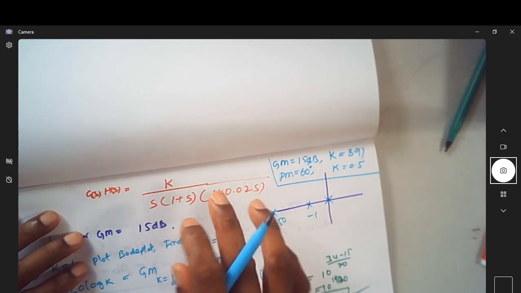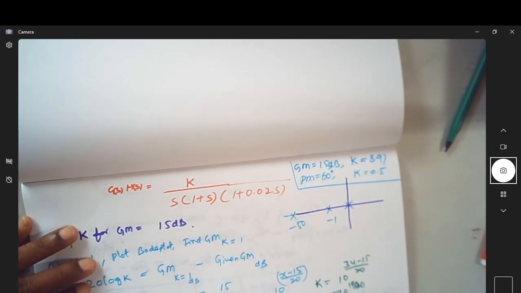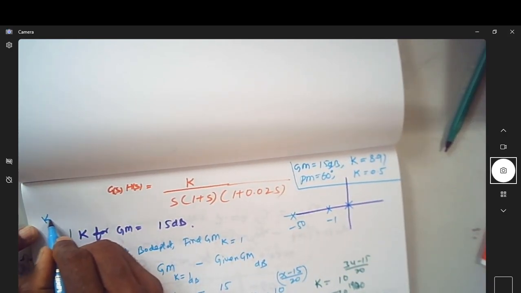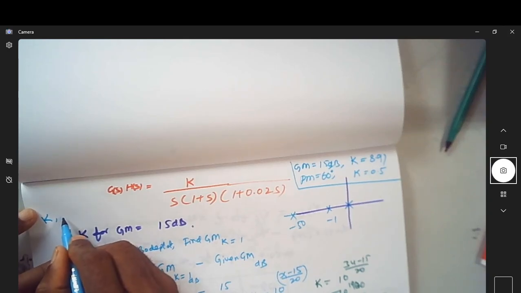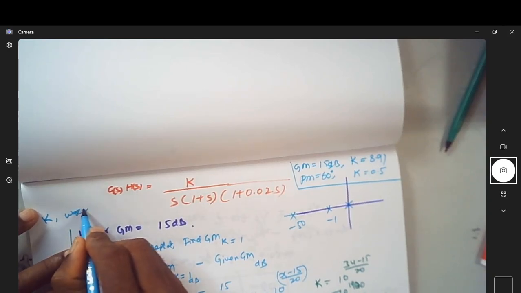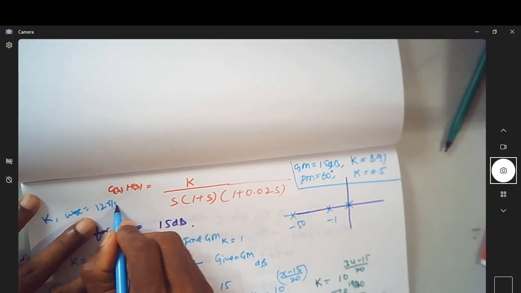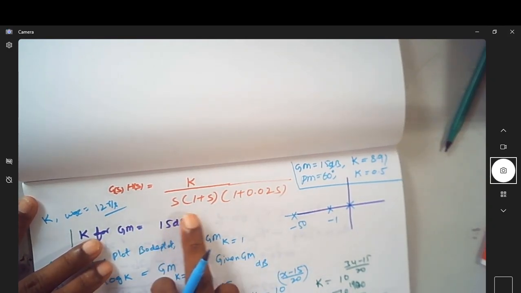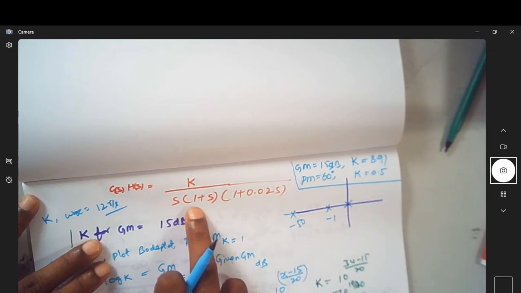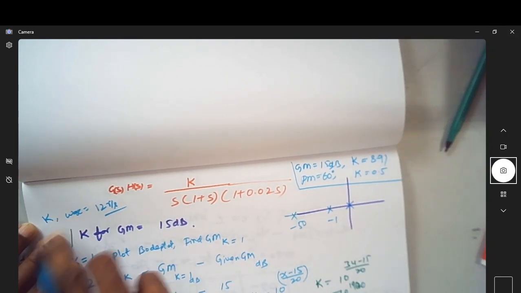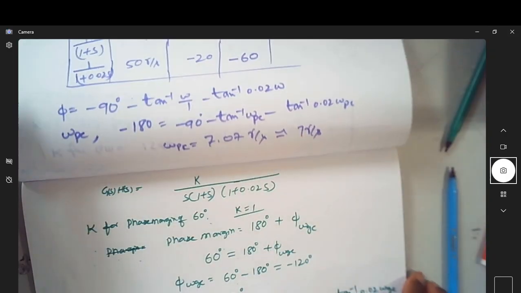Now let us consider the same transfer function and find the value of k such that omega gc is around 12 radian per second. With omega gc as 12 radian per second, we are asked to find the value of k. Let me rewrite that.